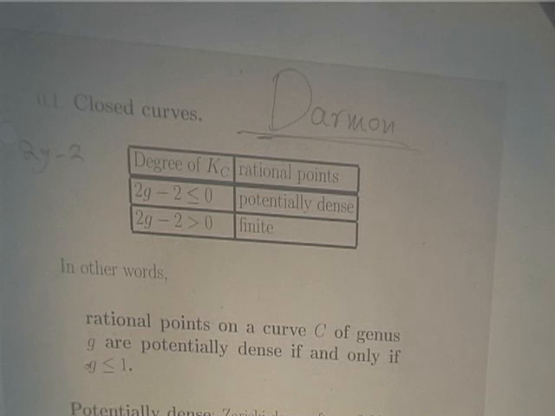But if I want to say something about this nonsense, geometry determines arithmetic, I have to do this trick of getting rid of some of the ambiguities. So this is what I call potentially dense. Well, I'll say that in a minute. And if 2g minus 2 is positive, namely the genus is bigger than 1, then we have finiteness.